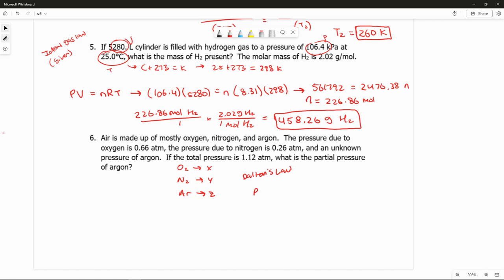which states that pressure 1 plus pressure 2 plus pressure 3 and so on is going to equal the total pressure when you add up all the partial pressures. Therefore, we know already that the total pressure is 1.12. That's given.